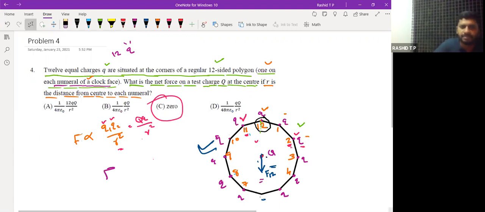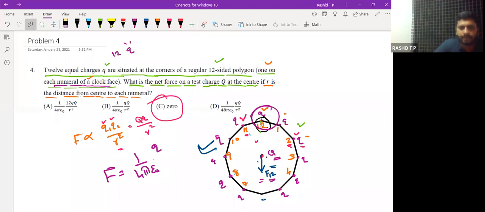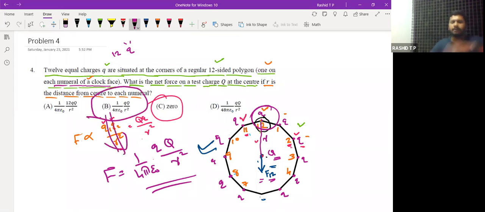That force F is equal to, very simple, 1 by 4 pi epsilon 0 times Q1, which is Q, the charge exerting this force, and Q2, our capital Q, divided by the separation between these two charges, R, squared. Okay, if one of the 12 charges at the place of 6 is removed, then the force will be this one.